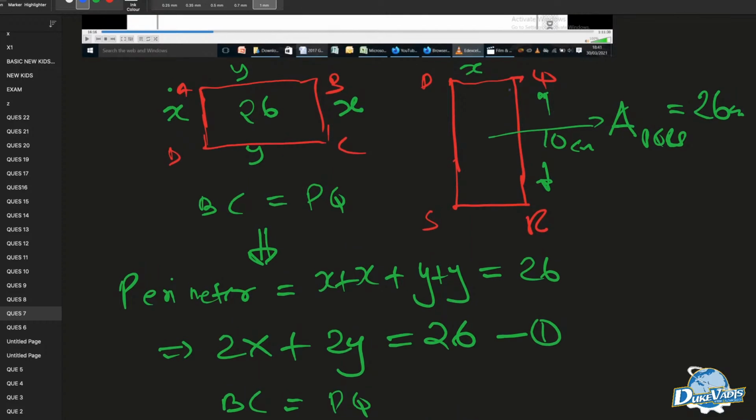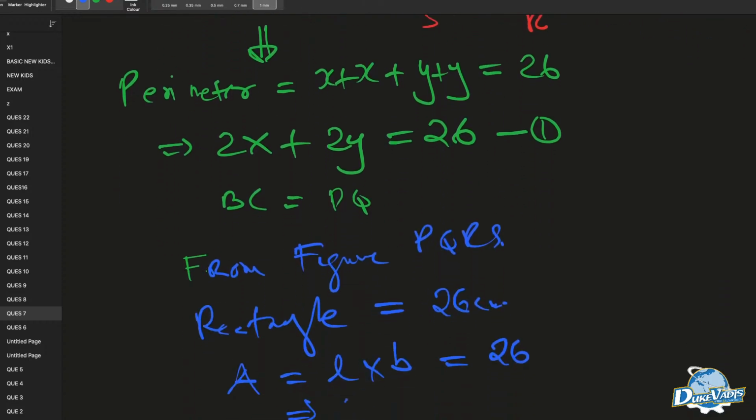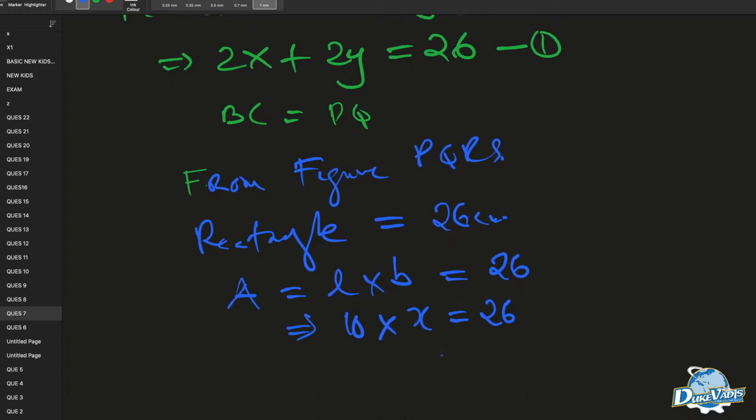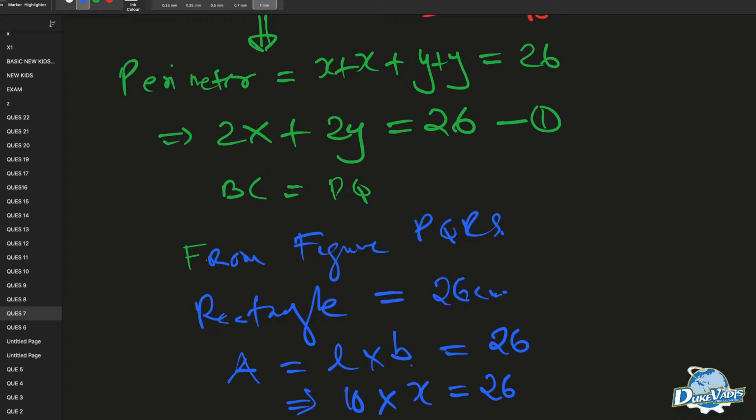So we have 10 multiplied by x equals 26.